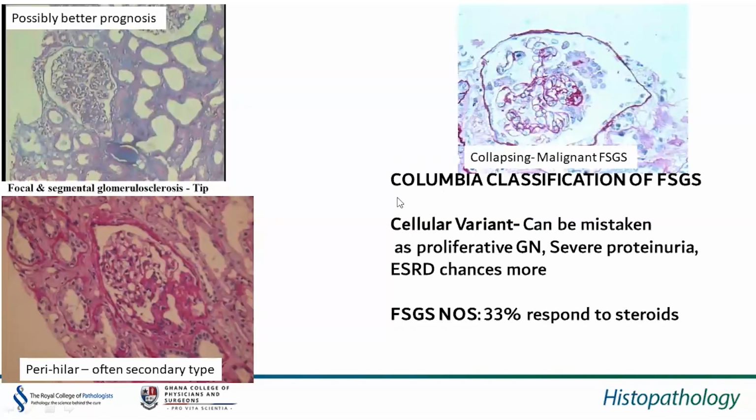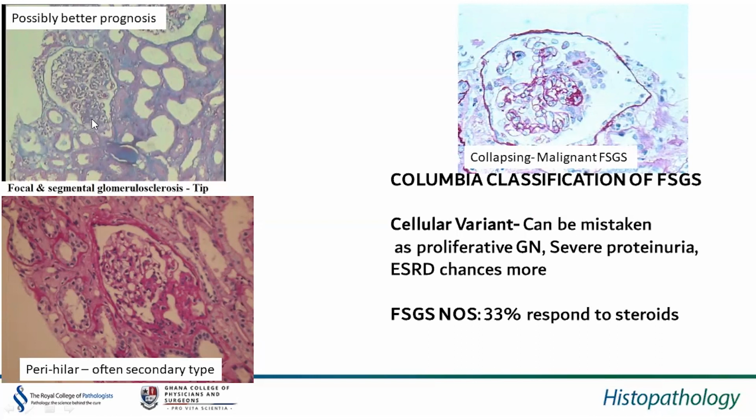And one can't leave the topic of FSGS without talking about the Columbia classification of FSGS. These are the various types that are shown here. This is the tip variant, the glomerular tip variant, in which a portion of the glomerular tuft pouts into the area where the proximal tubule begins.